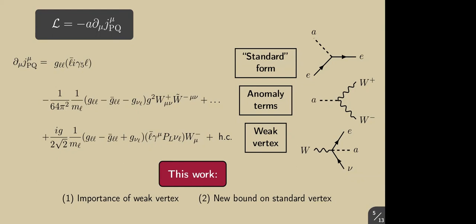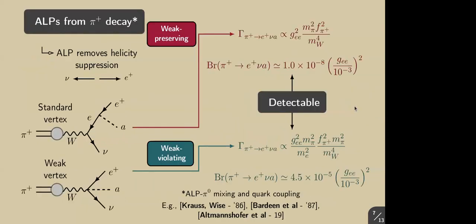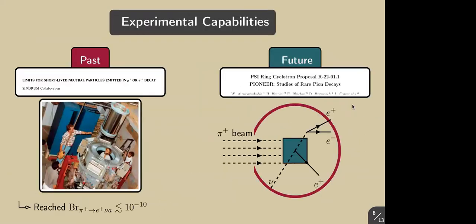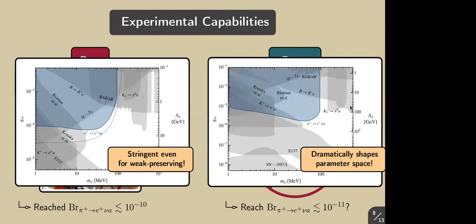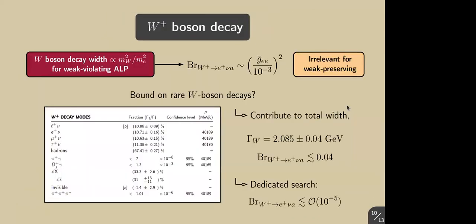Yeah, I have a question regarding the W boson decay. You said that you can basically look at the W boson decay width and get limits on the axion decay. Now, my question is, how is the W boson decay width measured in the PDG data, where is it coming from?